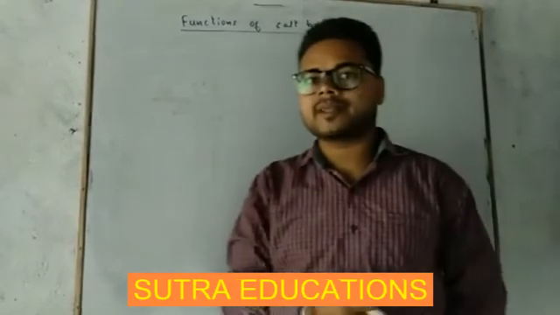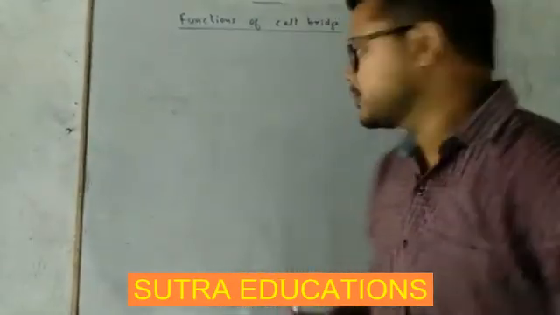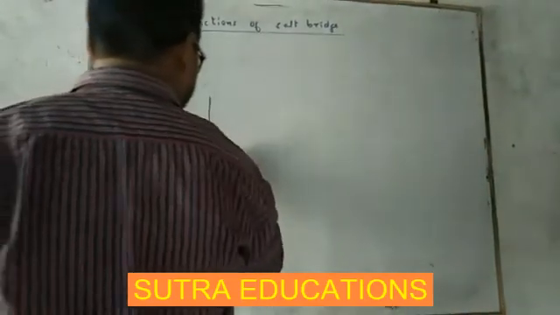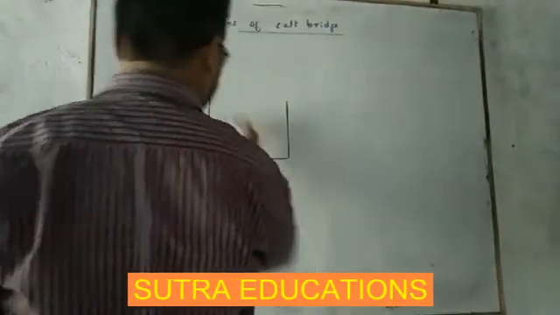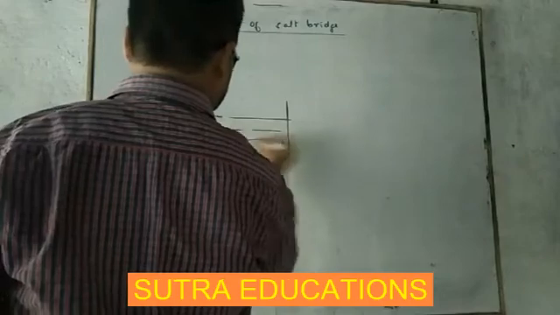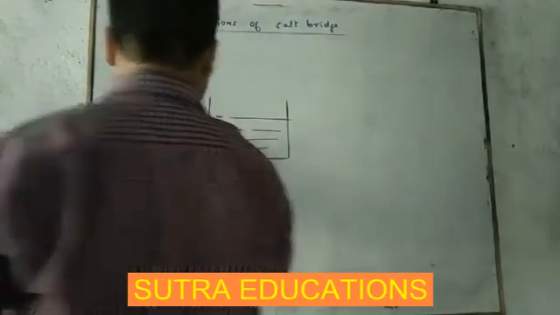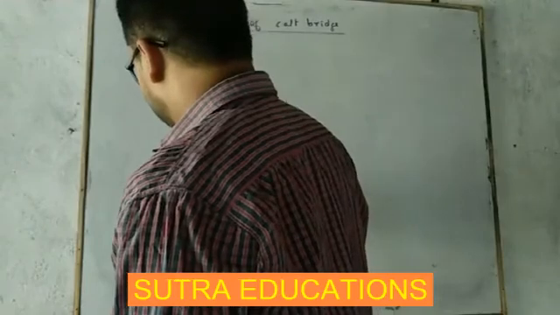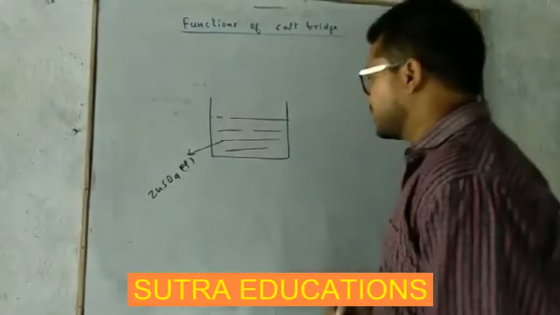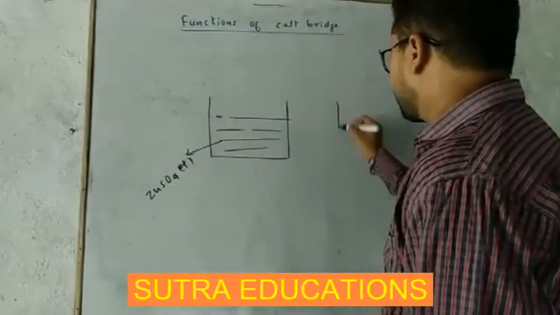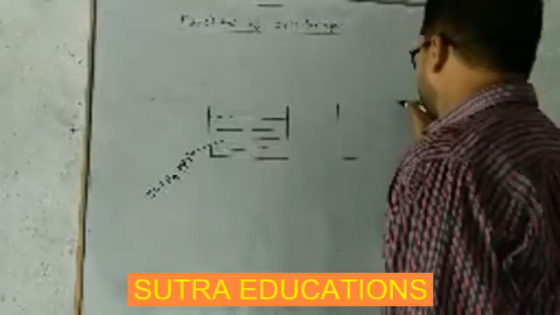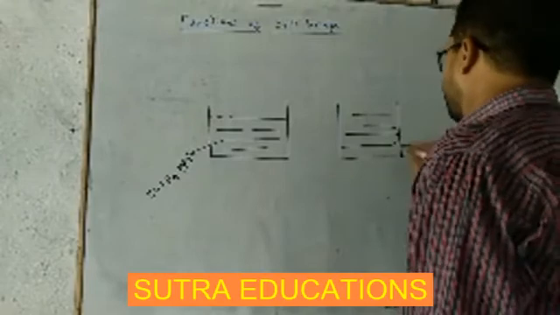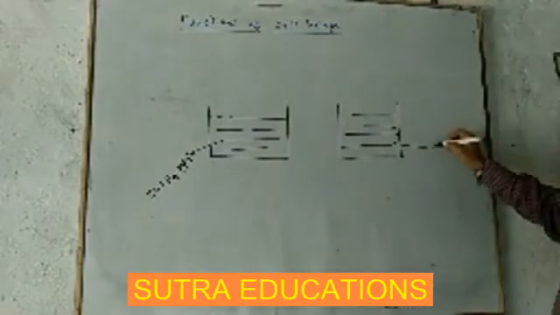in salt bridge. Okay, and I told you in previous case, if it is a container in which aqueous zinc sulfate, ZnSO4, is kept, and I am taking another container in which I am taking aqueous copper sulfate.